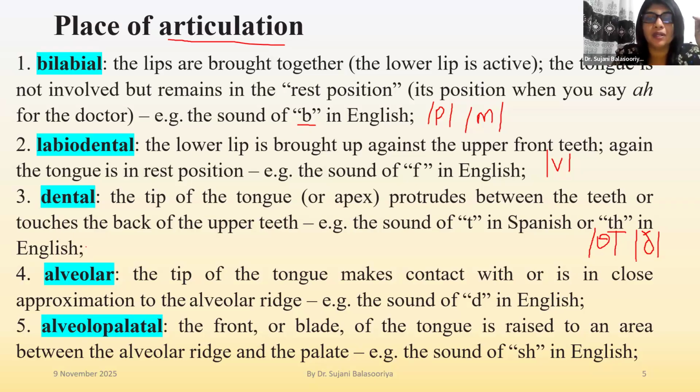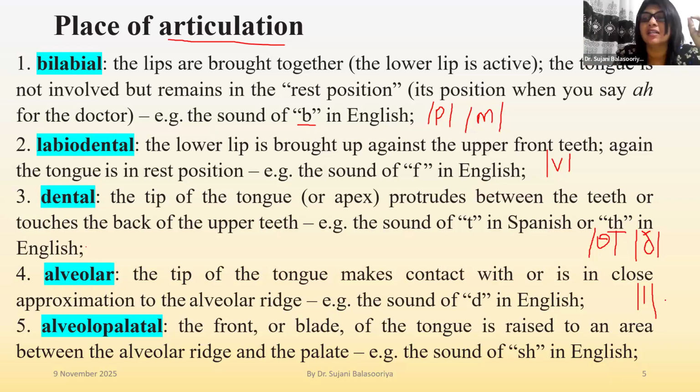So let's try to produce this sound. L, like when you say like. Your tip of the tongue rises and touches a particular place. Can you feel the place?